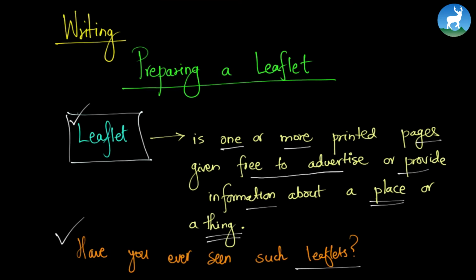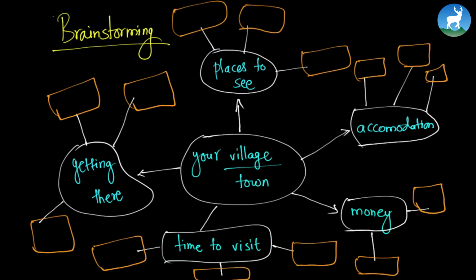Before doing that, let's do a bit of brainstorming on preparing a leaflet. Preparing a leaflet can include several ideas. It could include brainstorming about the place and what different kinds of things visitors can do there.